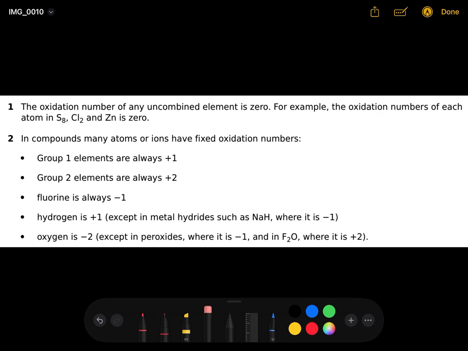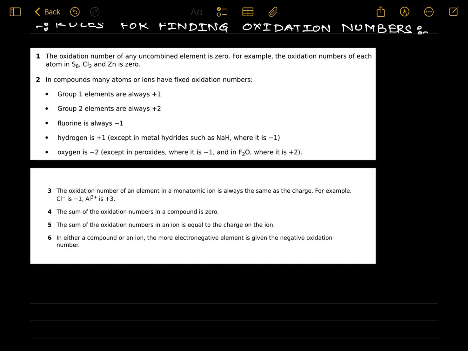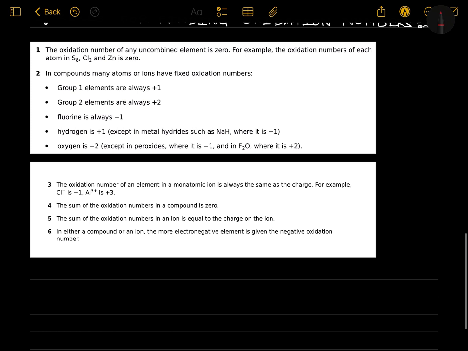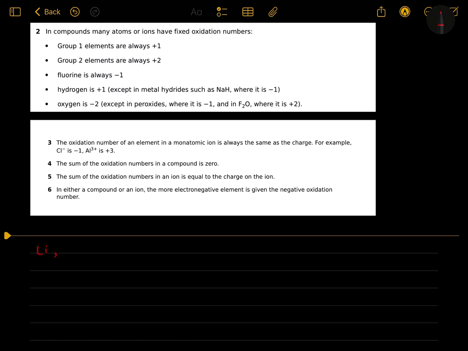Let's go on with the second rule. It says that in compounds, many atoms or ions have fixed oxidation numbers. If I'm talking about group 1 elements, they are lithium, sodium, potassium, rubidium, cesium, francium.